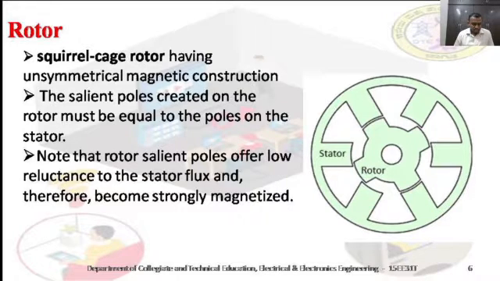Since it offers low reluctance to the stator flux, obviously the rotor will get magnetized more and more, so that it is able to rotate at constant speed at all times.